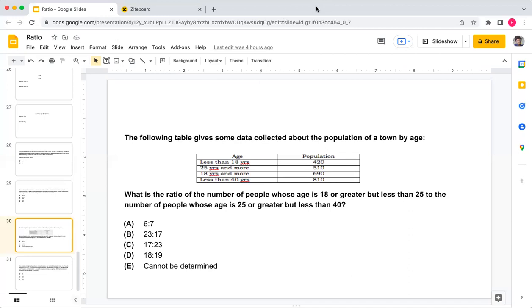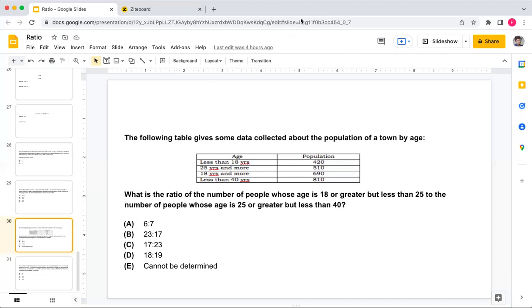In this question, first try to visualize the scenario. We are given that the following table gives some data collected about the population of a town by age. What is the ratio of the number of people whose age is 18 or greater, but less than 25, to the number of people whose age is 25 or greater, but less than 40?